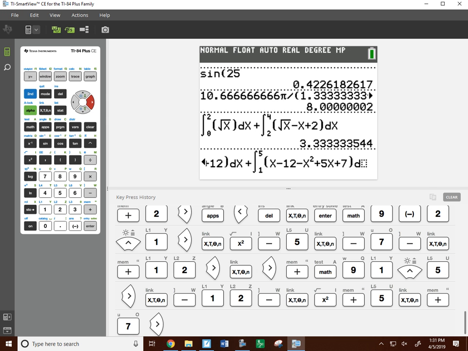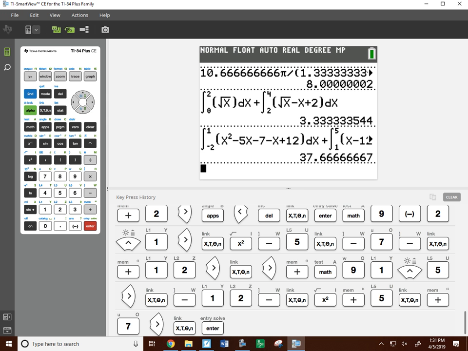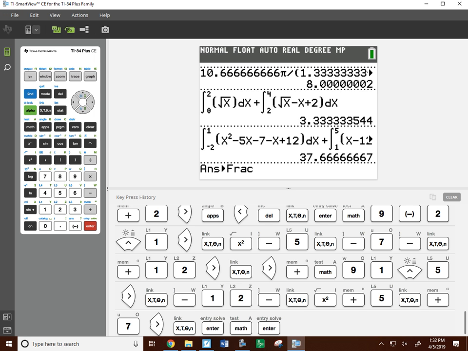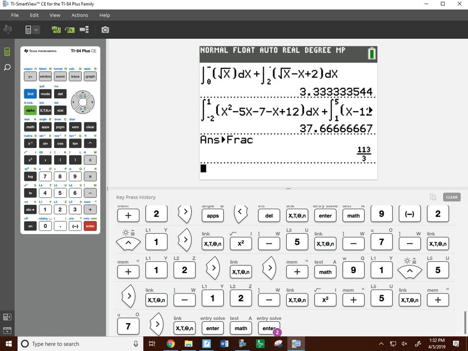Make sure to put in the dx and hit enter. I'm fine with it like that. Sometimes people have to change to a fraction. I like that as well, rather than a decimal.